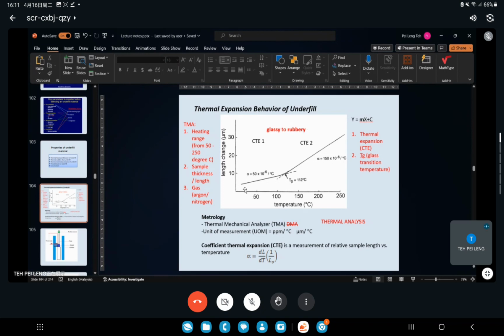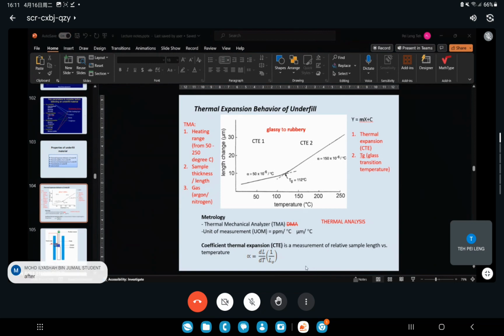So you see, is CTE before Tg higher, or CTE after Tg higher? After Tg is higher. Why?